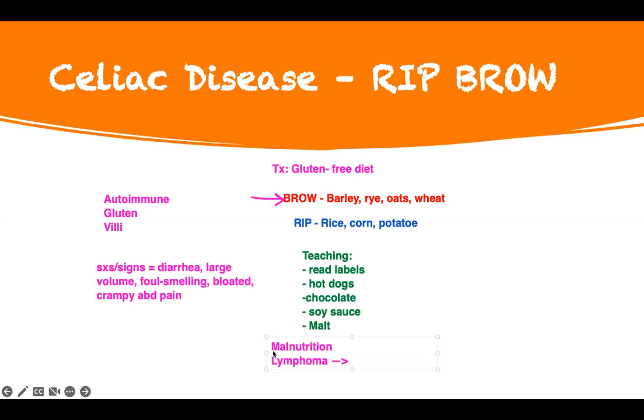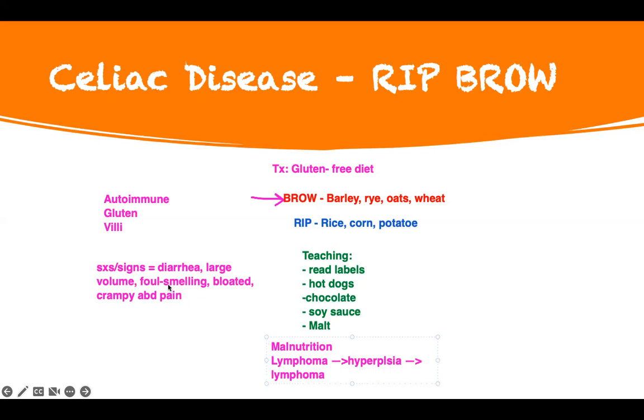Therefore, if they continue to have this inflammation back and forth, you get hyperplasia of the lymphatic system. I don't want to go into detail, but they develop lymphoma, so they can get cancer. So it's not just diarrhea, a chronic problem becomes this. So we need to avoid that. So you've got to help them stop this cycle.